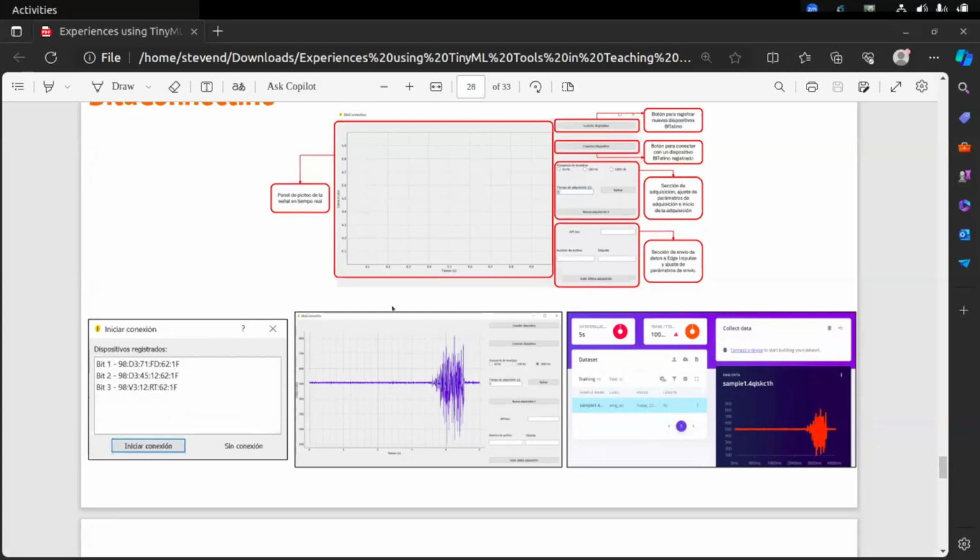But the key point is the easy way in which this software is able to send the data to Edge Impulse. This software is Beta Connectino, a project that our students developed.